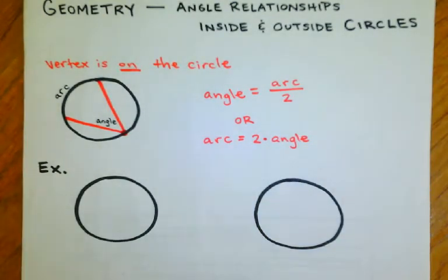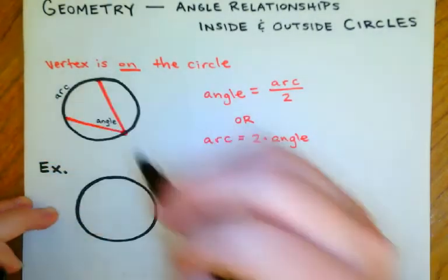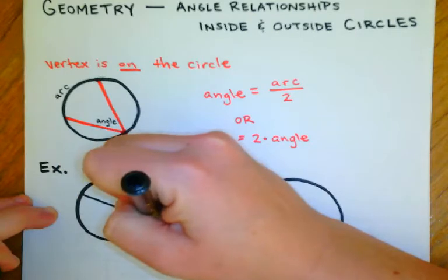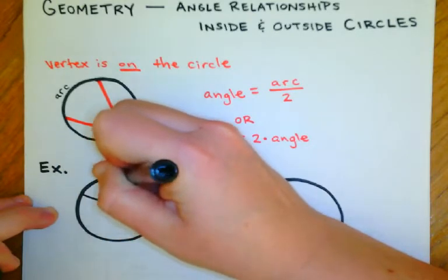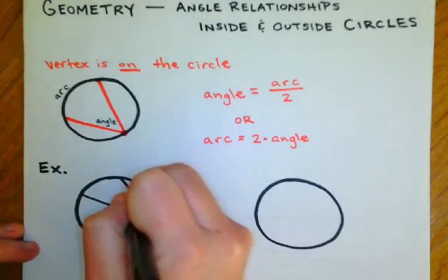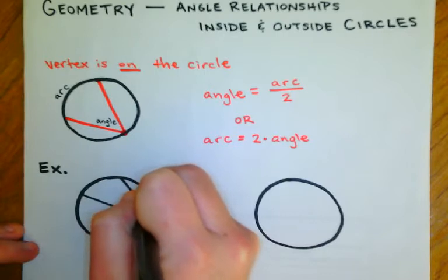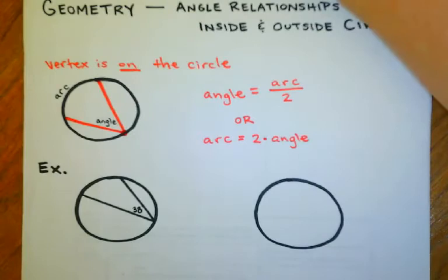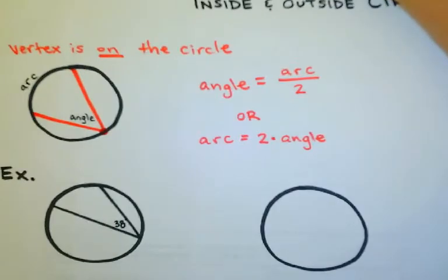All right, so let's say we've got something that looks like this, and let's say we know that this is 38 degrees. Can you guys see that okay? Not really. I'm going to see if I can zoom this in. All right, that might be a little better.